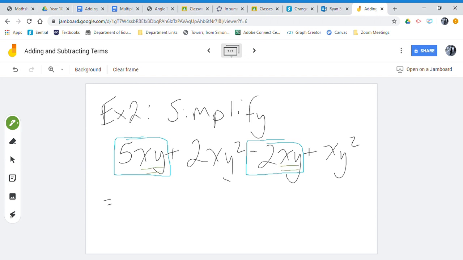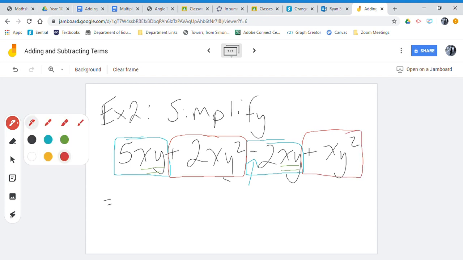They have the same power, and that's why they're like terms. The other thing to notice is I also circled the operation in front of my term. Next, we've got positive 2xy squared and positive xy squared. So those are my like terms.